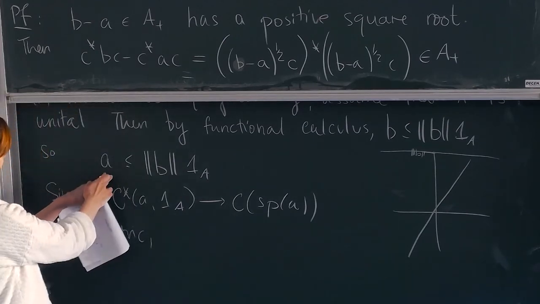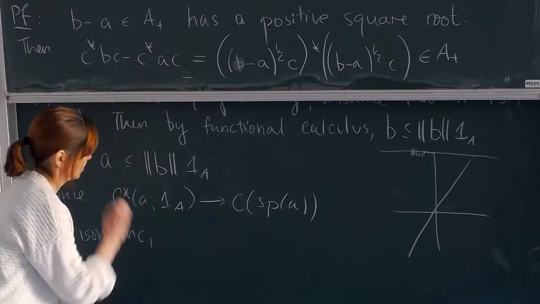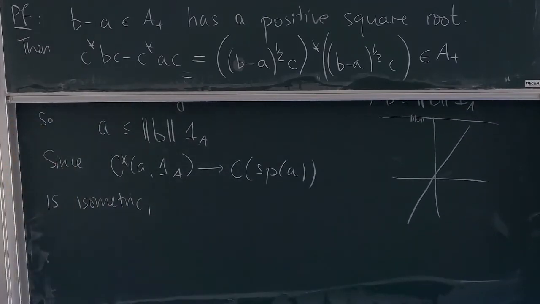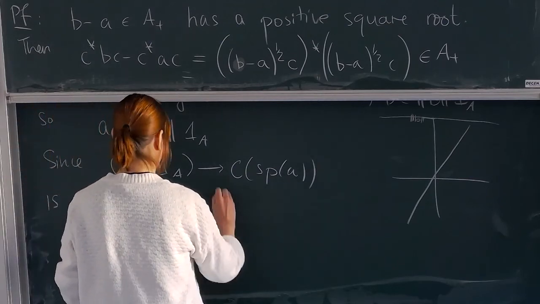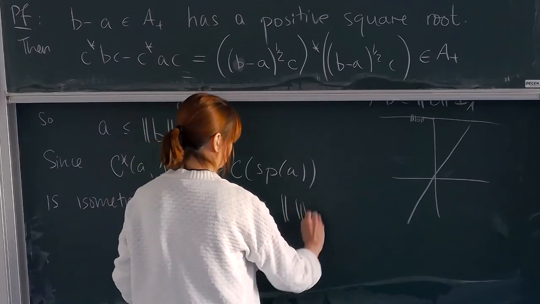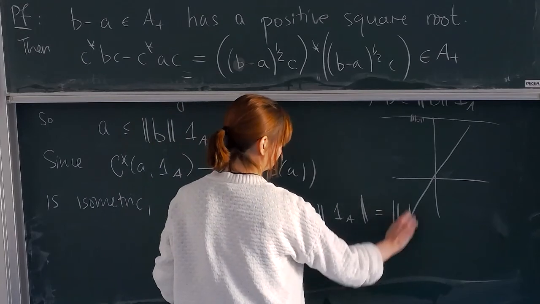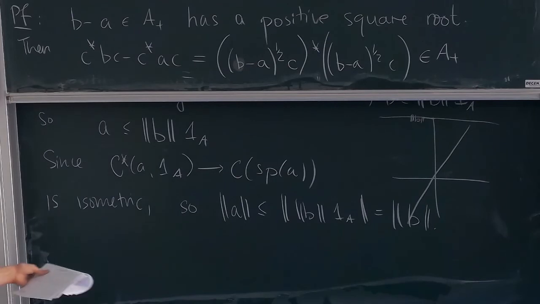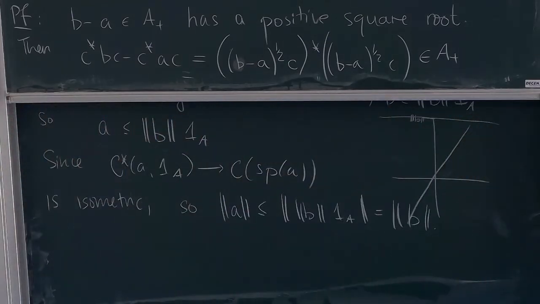So that means that this relation holds here in the commutative C-star algebra, which is just, of course, B. So now we just need to show 3.